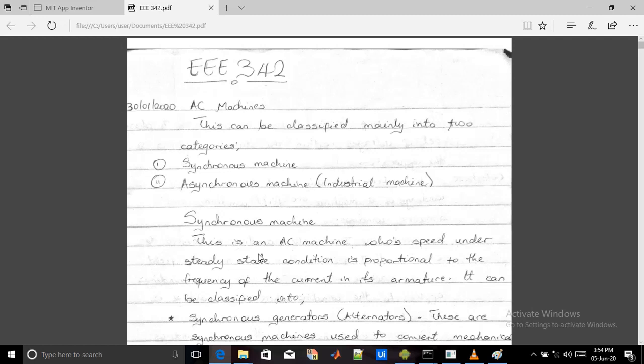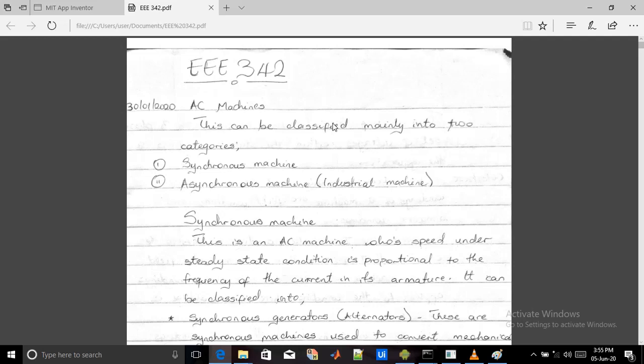So now the rotation takes place in the rotor. If the speed of the rotor is equal to the speed of the magnetic field in the stator, then it is a synchronous machine.